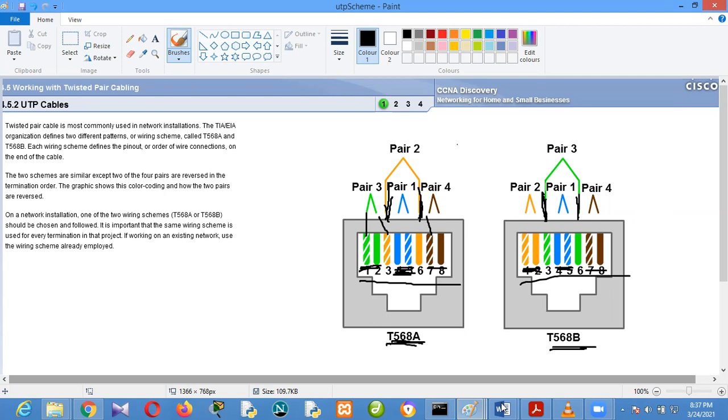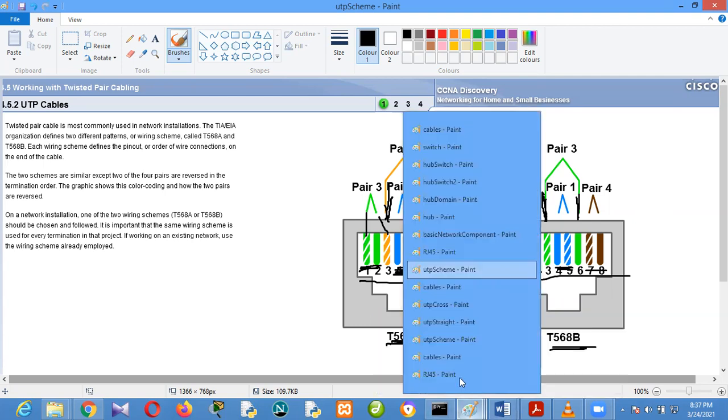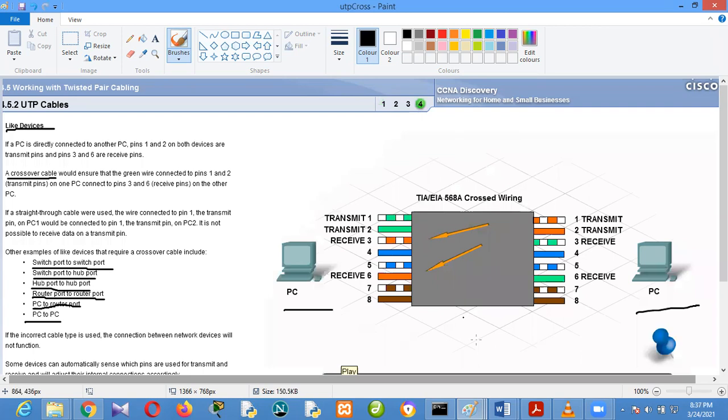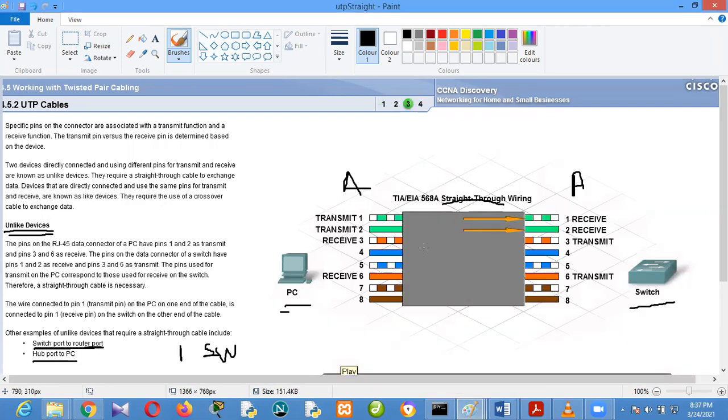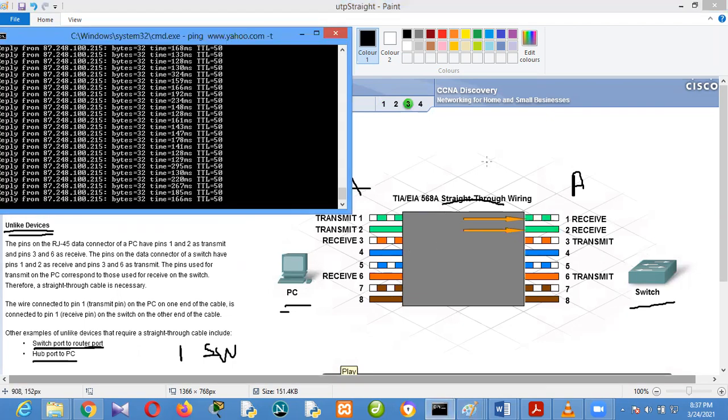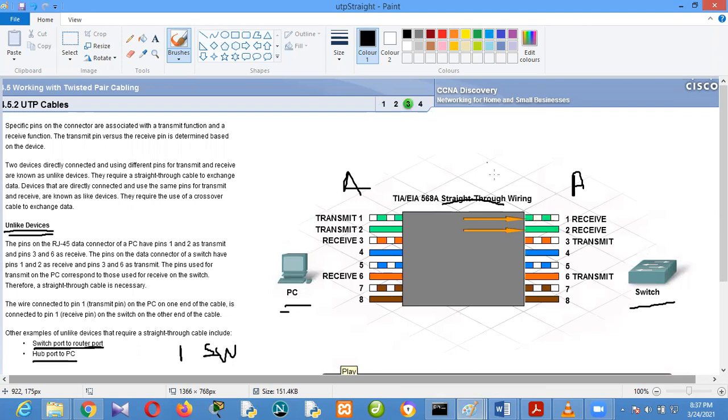So I've thought about where we use crossover and where we use straight through. I was saying something about green and orange being the data cables. Data passes only through the green and the orange.